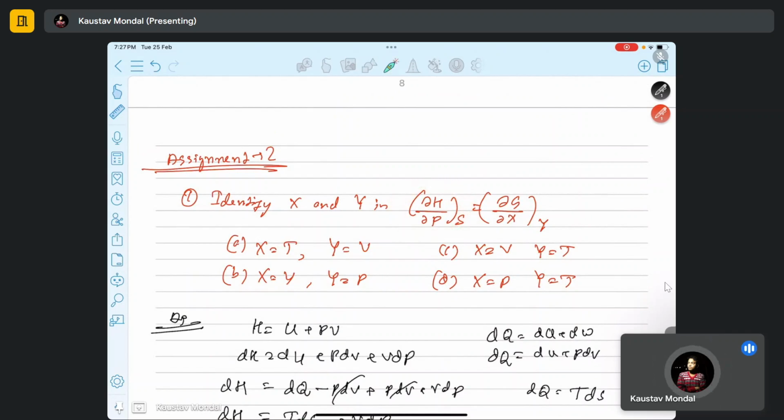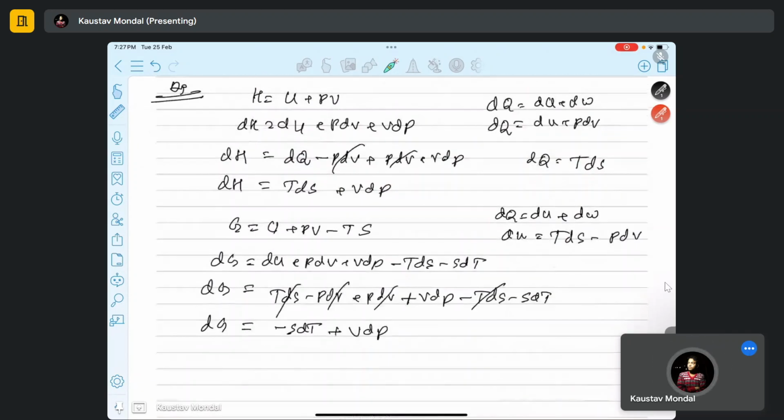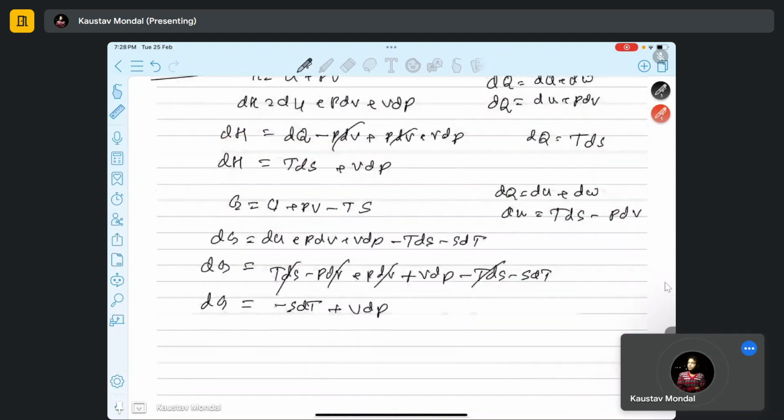So del H del P at constant S. From the expression of dH we can calculate del H del P at constant S, which will be simply V. This term will only contribute.